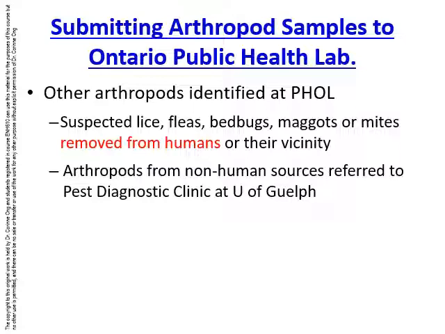If they're not from human sources and are from animals or pets, then these samples should be referred to the Pest Diagnostic Clinic at University of Guelph, because the Ontario Public Health Labs will not take these specimens and examine them and do identifications.